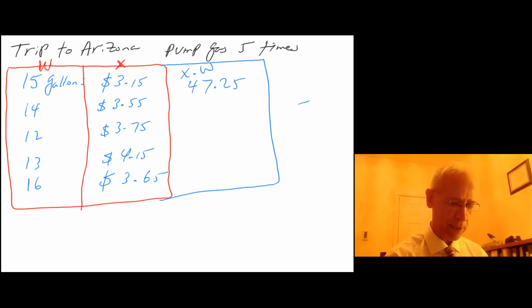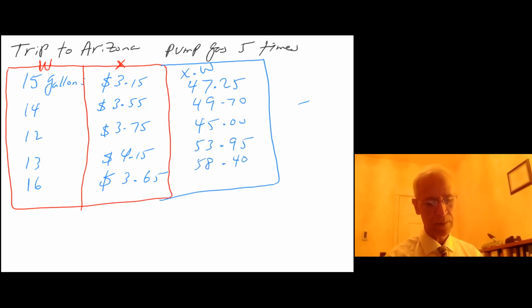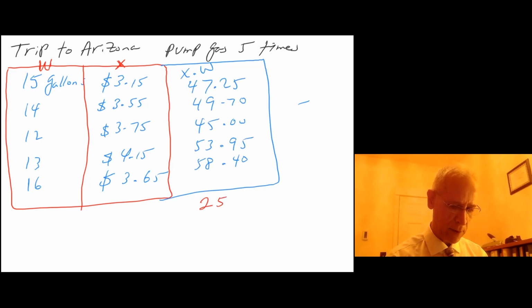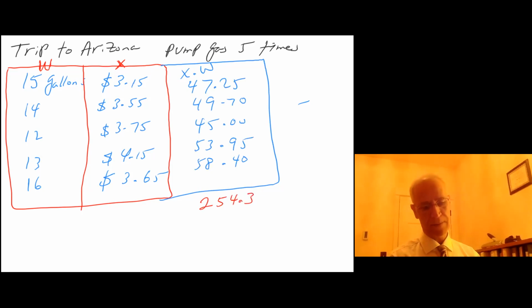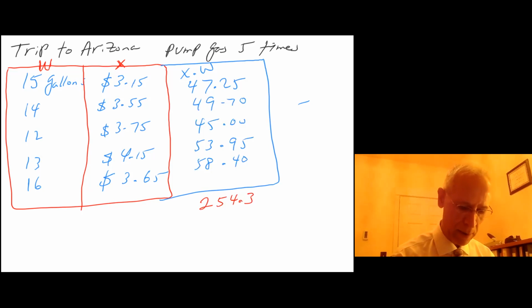Then you have 14, so I have 49.70. Then 45.00, 53.95, 58.40. Add them all together, and we get 254.3.